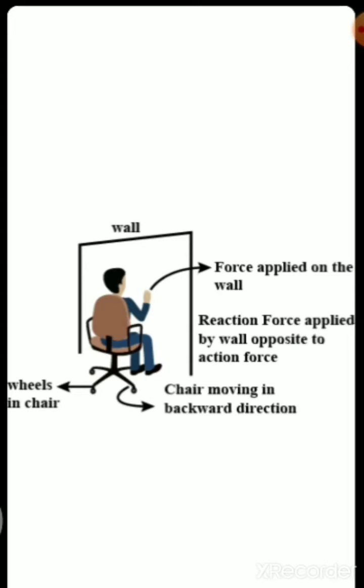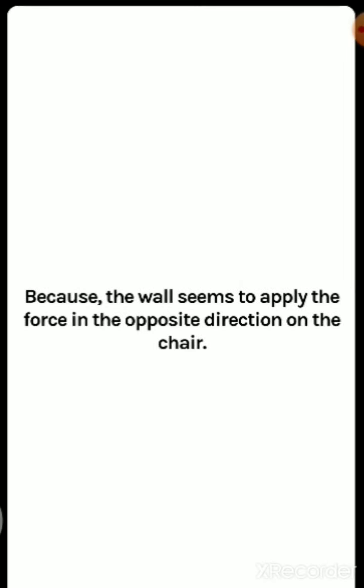So the chair, or the wheels of the chair, move in the backward direction, because the wall applies a force in the opposite direction on the chair. We can observe and feel that the wall is applying a force on the chair, because of which the wheelchair moves backward.